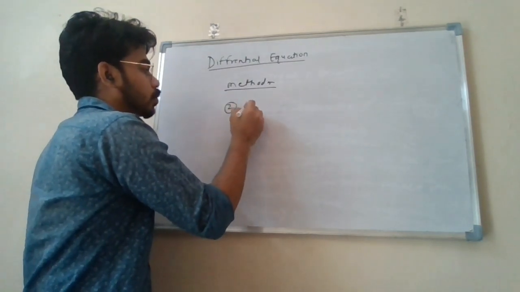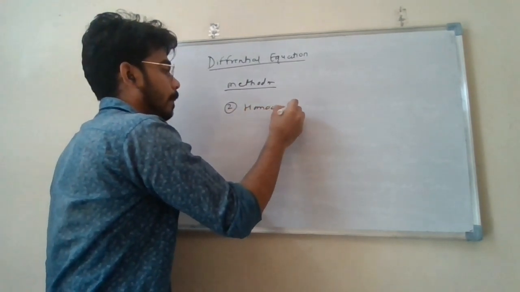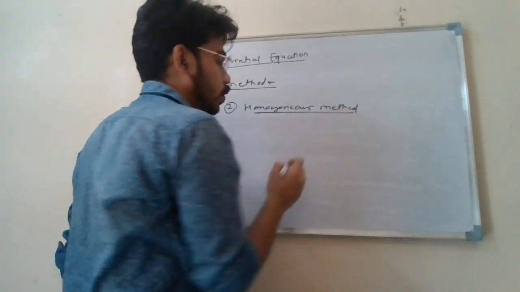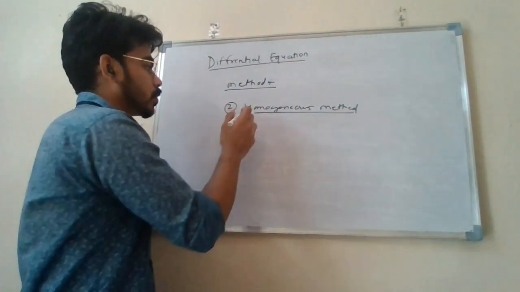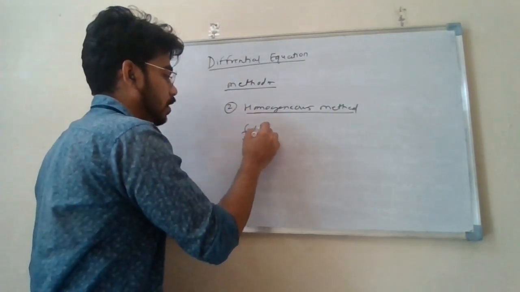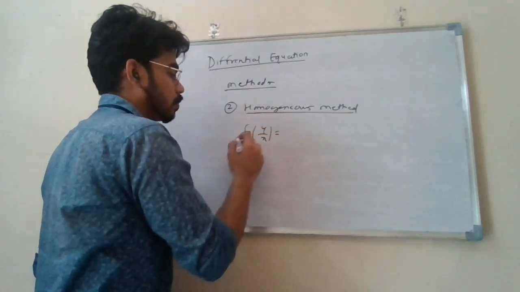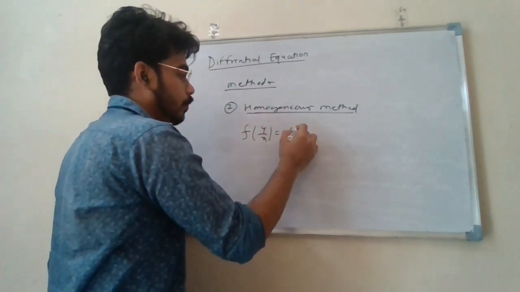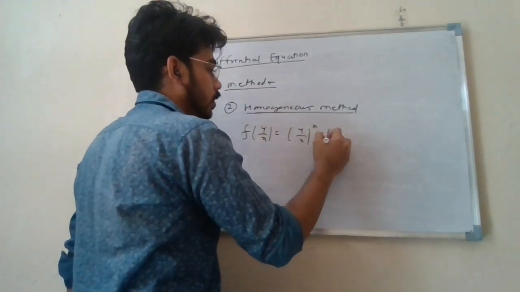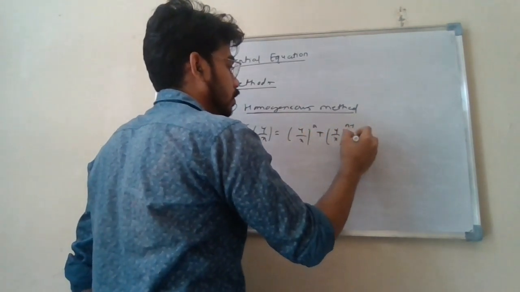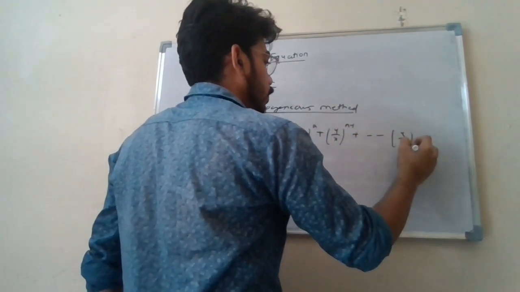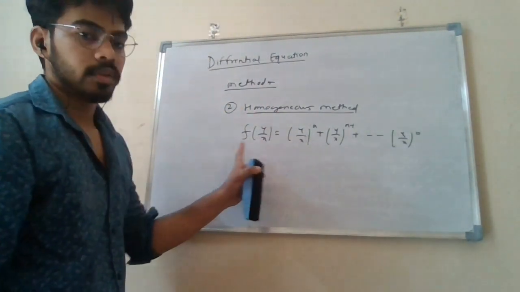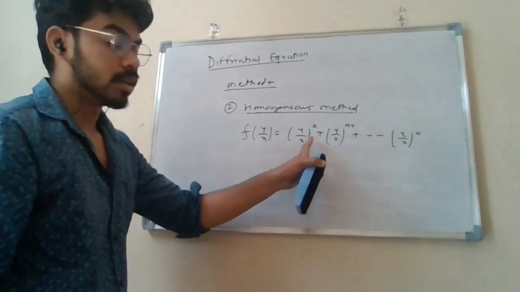The second method is homogeneous. What do we mean by a homogeneous function? Any function of the type f of y by x, that is, (y by x) to the power n plus (y by x) to the power n minus 1 and so on up to (y by x) to the power 0, we call a homogeneous function of degree n.